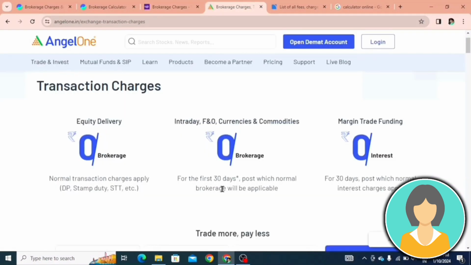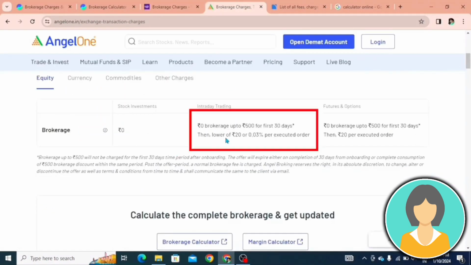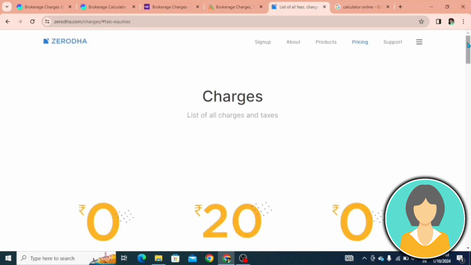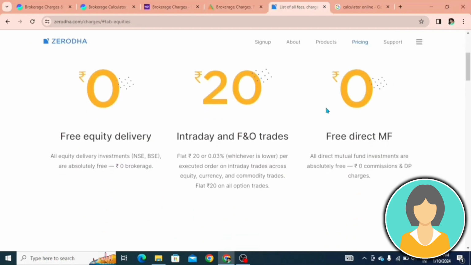Angel One's charges are a flat 20 rupees or 0.03%, which is quite low compared to Grow. As for Zerodha, it aligns closely with Angel One, offering free delivery and charging 20 rupees or 0.03% for intraday and FNO, that is futures and options trading.